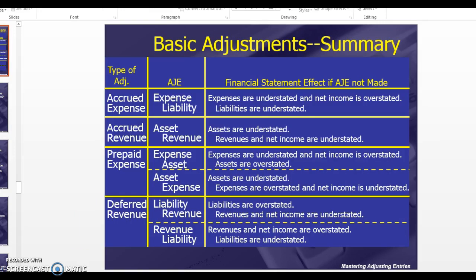Okay, so the slides that I'm skipping over, I discussed everything going through the example on the Excel spreadsheet, but please go through all the slides, go through the Excel spreadsheet again and again. This slide right here is just a summary of our adjusting entries and the effects on the financial statement if not made.